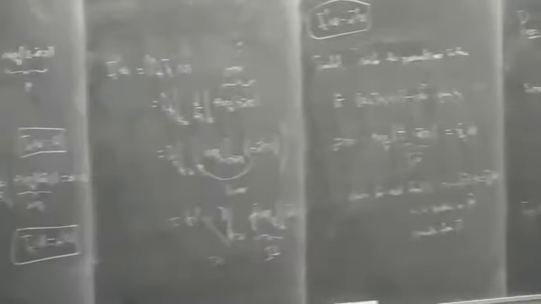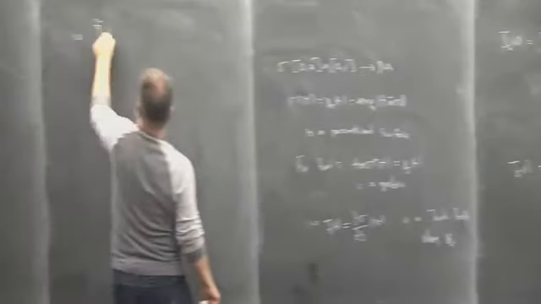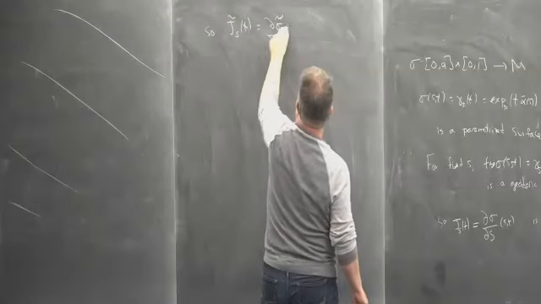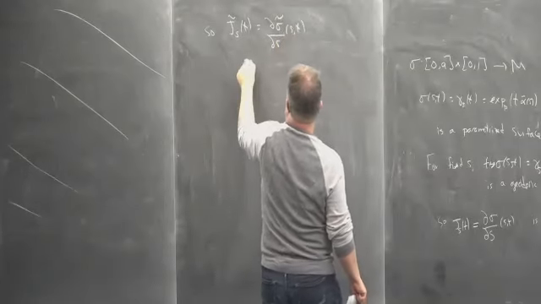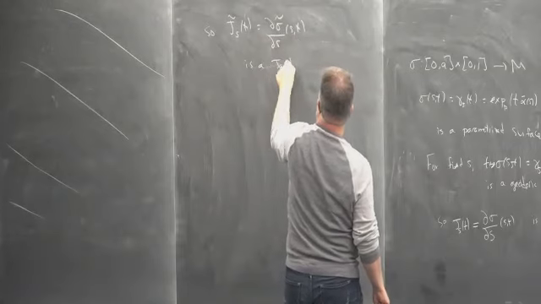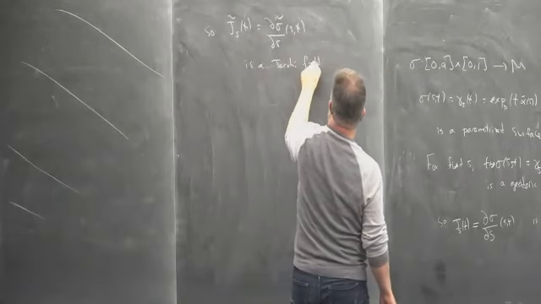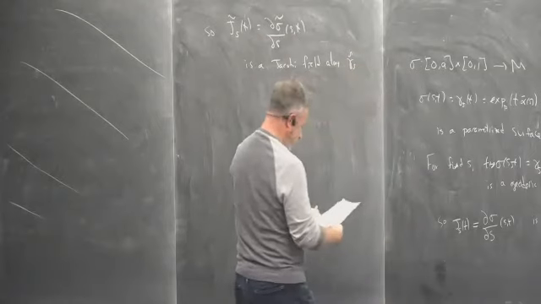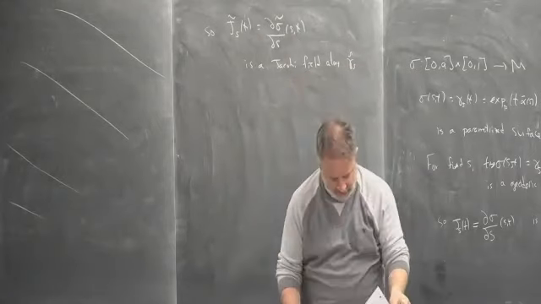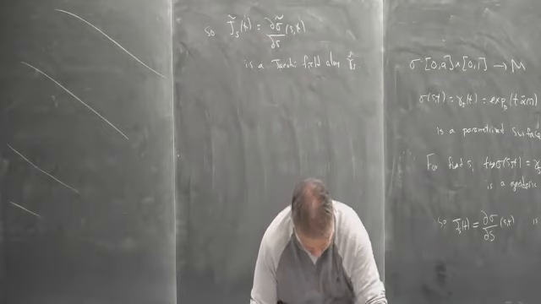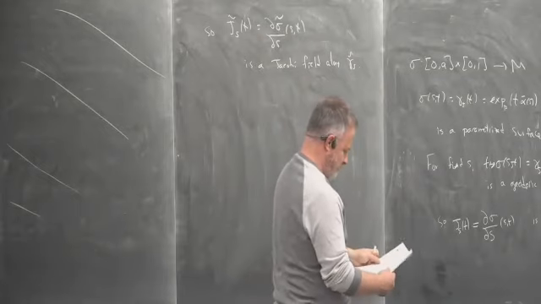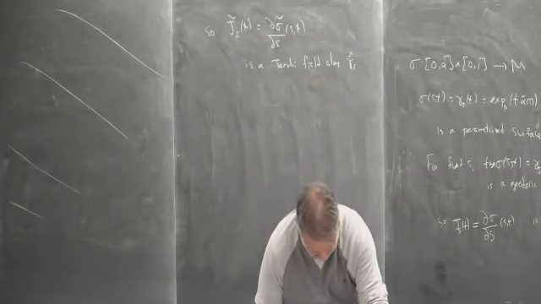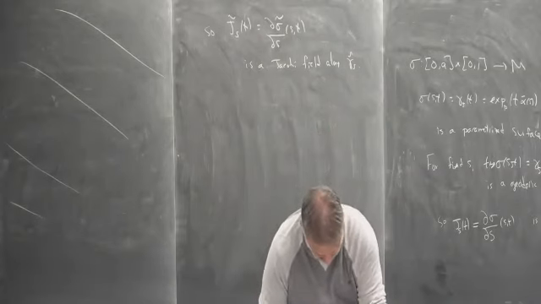So J_S tilde of T, which is d sigma tilde ds at S,T, is a Jacobi field along gamma S tilde. And as before, we want to look at the initial and final values and the derivatives, basically the same calculation.